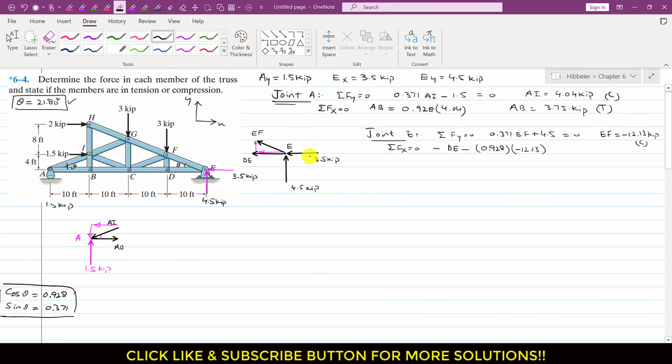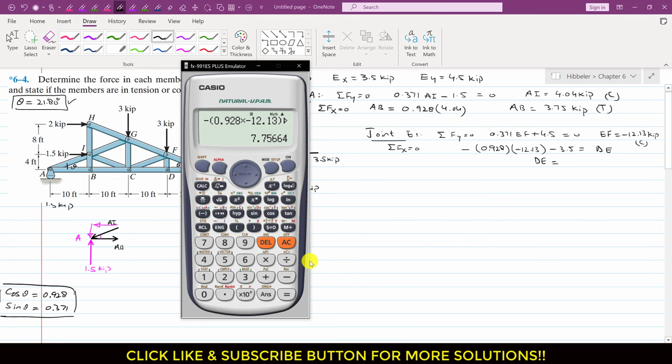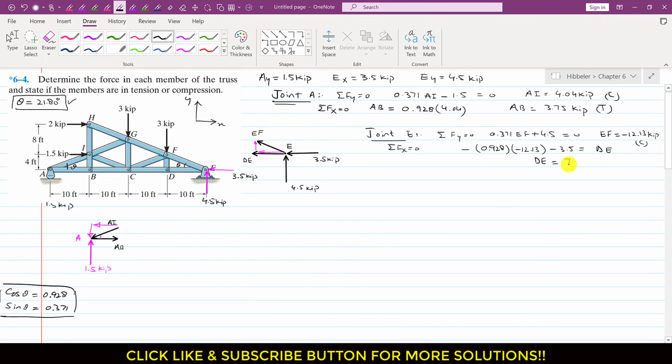This 3.5 kip is also acting in the negative x direction, so I will write minus 3.5, and this is equal to 0, right? So from this, if we bring this DE to the other side of the equation, this will become positive. So DE will be equal to the summation of both of these, right? So I will write this is plus 7.76, right? So DE is 7.76 kips, right?